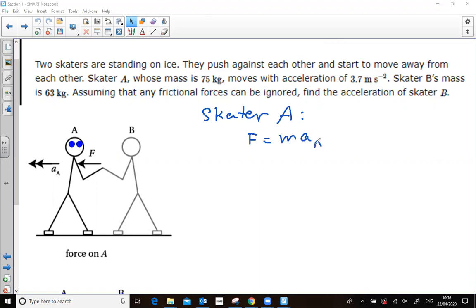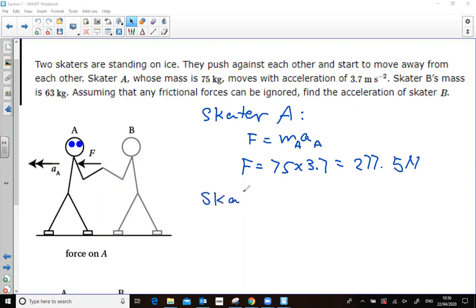And let's put a capital A for the mass and capital A for the acceleration. So F will equal the mass for skater A, 75 kilograms, times acceleration, 3.7. So the force comes out to be 277.5 newtons.